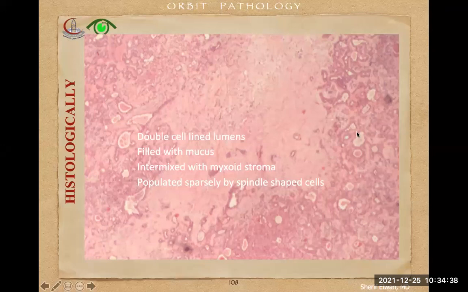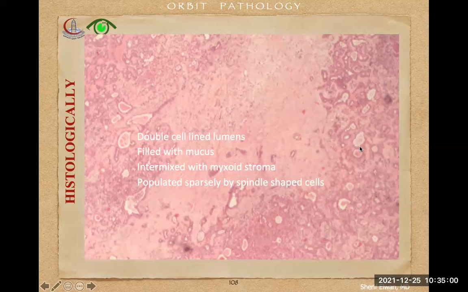Double-lined lumens, like this, 2 cells, filled with mucus, intermixed with myxoid tissue stroma, taking the eosin red or pink stain, populated sparsely by spindle-shaped cells.